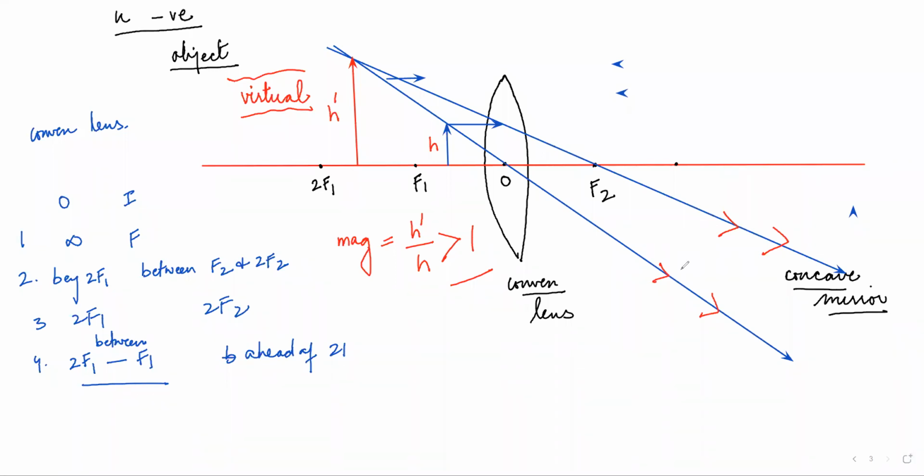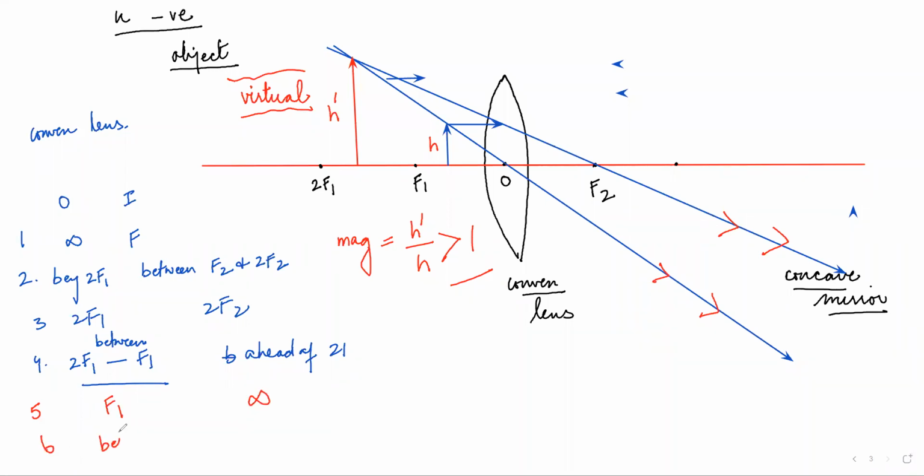Are you understanding? Mehtab, Hartik, Ashdeep. Okay, hope you're understanding. Okay, so students, these are the six cases. So fifth case was object at F1, image is at infinity.